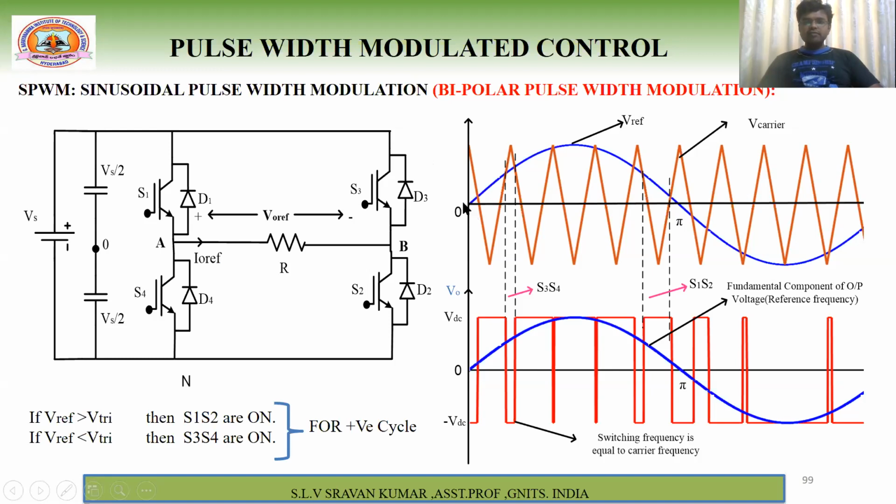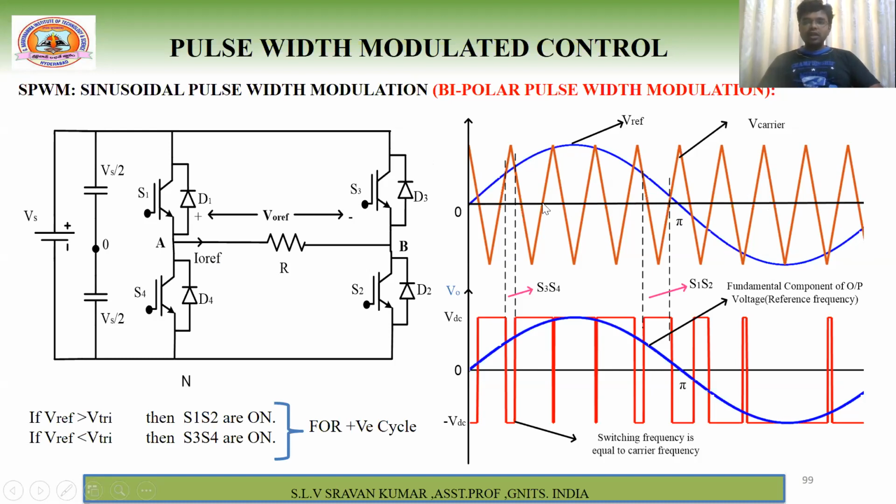So first of all, a triangular wave is compared with your sinusoidal waveform. This is generally called triangular pulse width modulation, or sinusoidal pulse width modulation, you can say. Why we call it sinusoidal is because we are comparing a sine wave with a triangular wave.